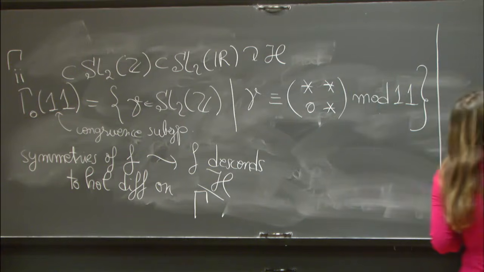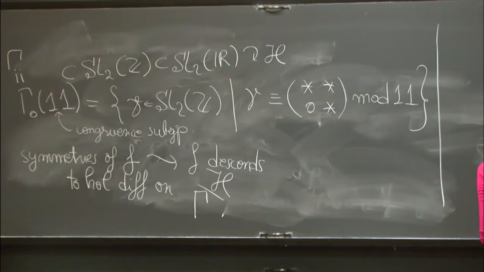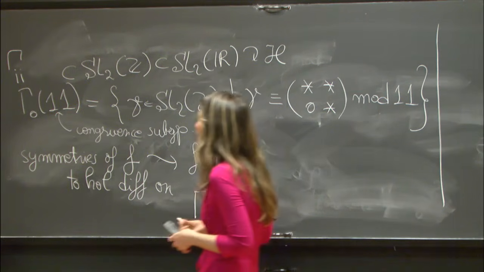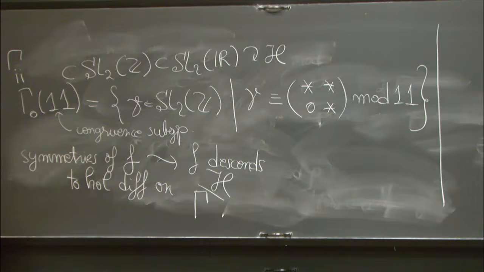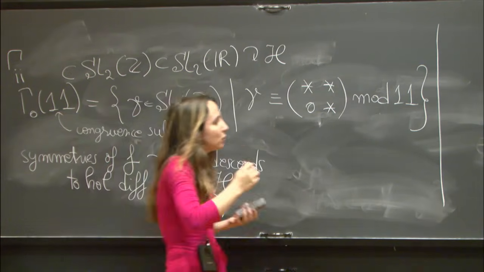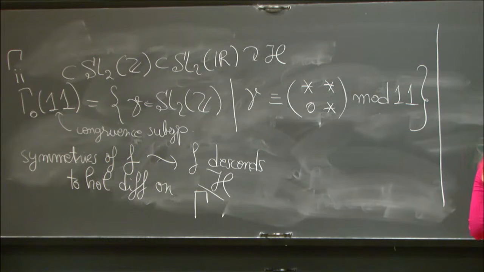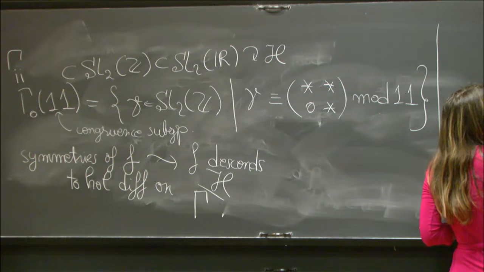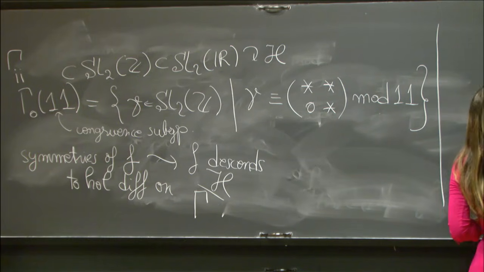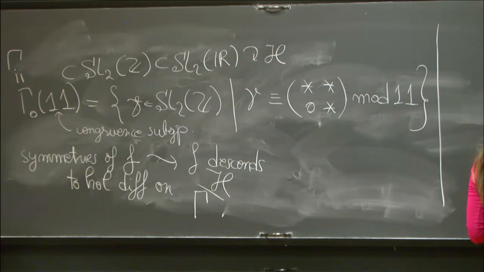So I won't draw a picture of H mod gamma, but just maybe of H mod SL2Z. In order to do that, what you want to do is draw a fundamental domain for the action of SL2Z on the upper half plane. And this fundamental domain looks something like this, where here you have a sixth root of unity. Here you have a cube root of unity. These are vertical lines. This is I. And so this is a fundamental domain.